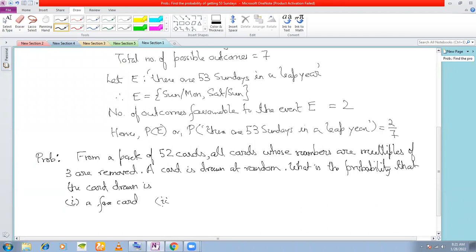Second question, is an even numbered card. And the third question, is an honor card.